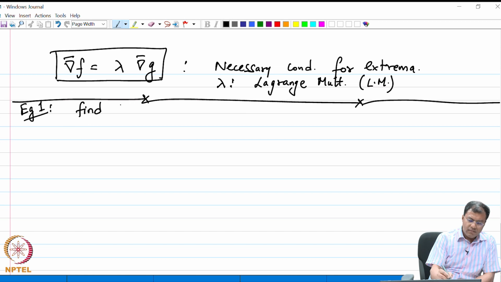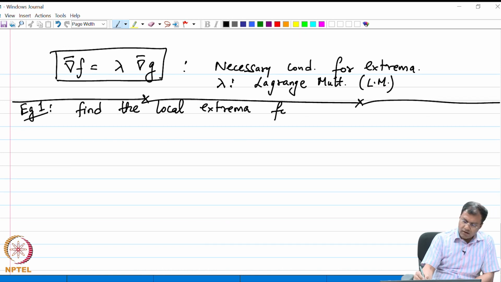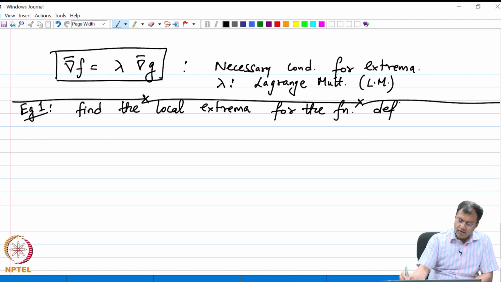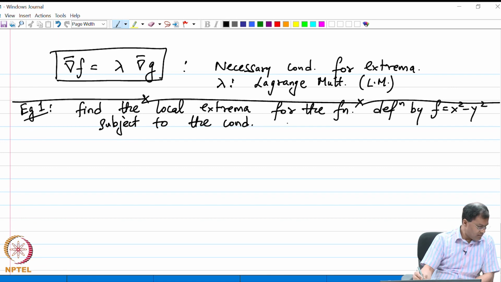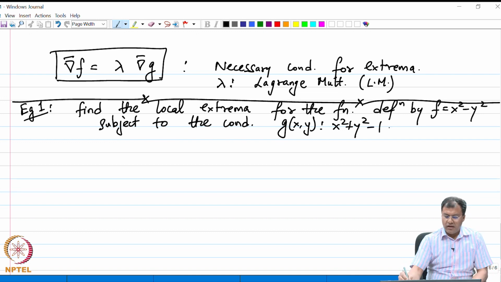Find the local extrema for the function defined by f is equal to x square minus y square, right, subject to the condition g of x y is x square plus y square minus 1 is equal to 0.